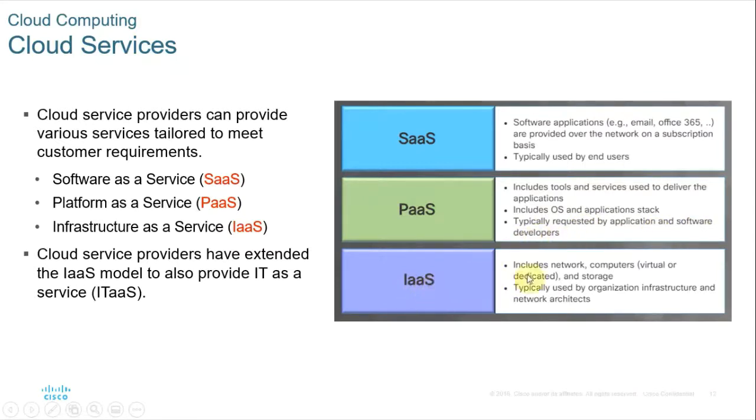Infrastructure as a service includes network, computers and storage, where you can request network, computers and storage, typically used by organizations, infrastructure and network architects.